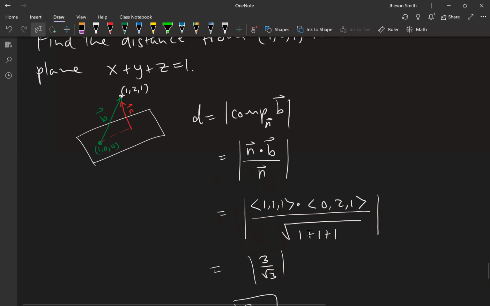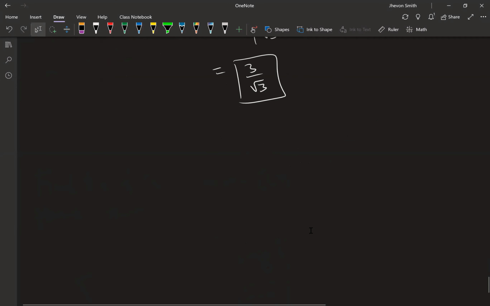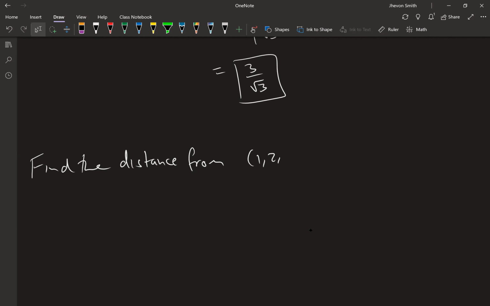Okay, what if I ask you this instead? Find the distance from 1, 2, 1 to the line. So that was distance from a point to a plane. Let's talk about distance from a point to a line.